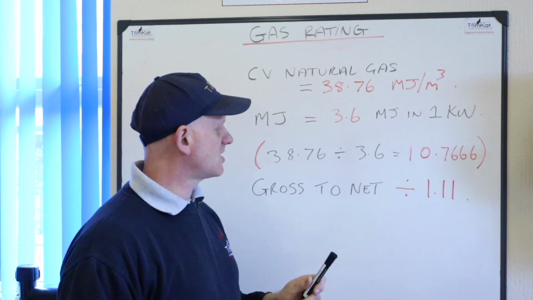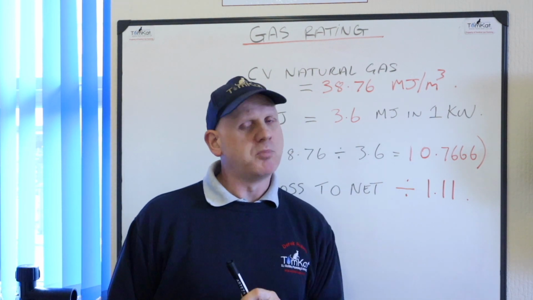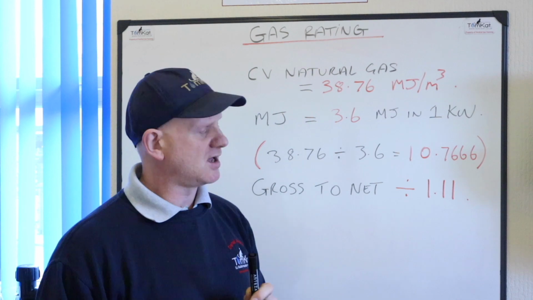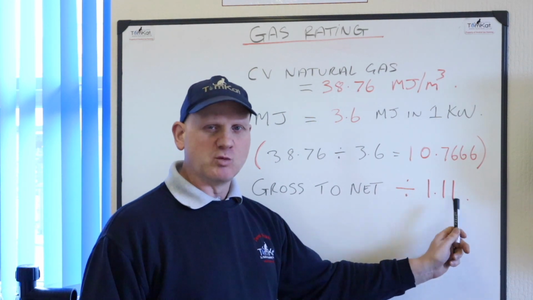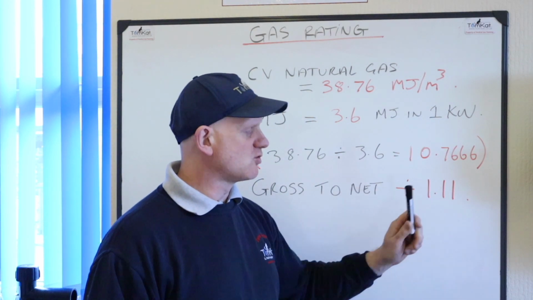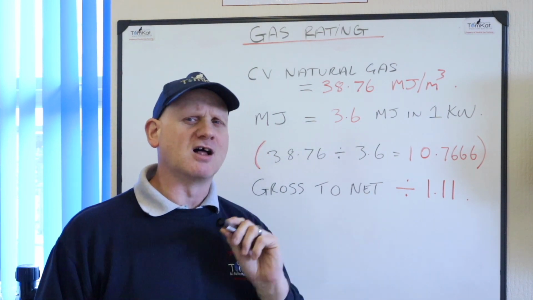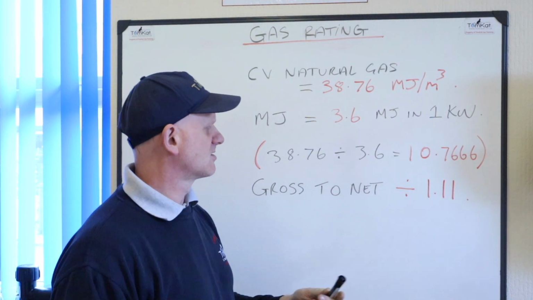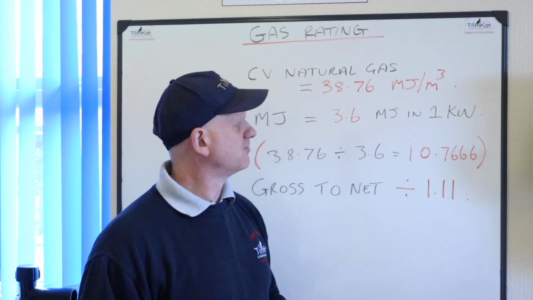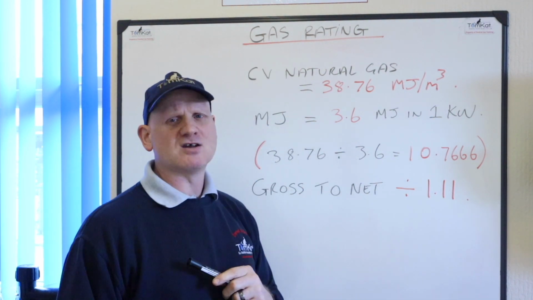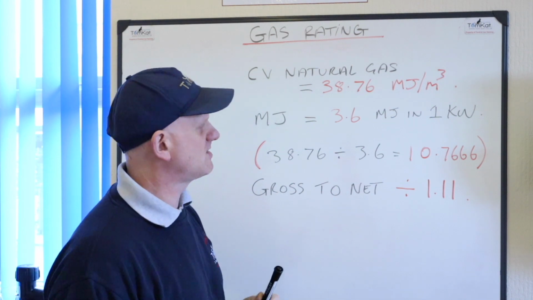So to turn gross to net, we need to divide by 1.11. It's important that we use 1.11, because if we just use 1.1, then it'll only be 10%, not 11%. So these are the main figures we're going to be using when we're gas rating.